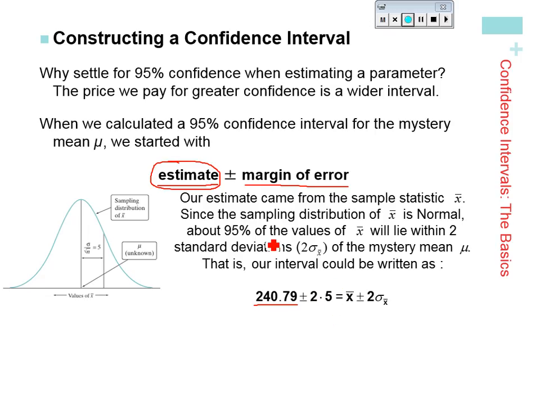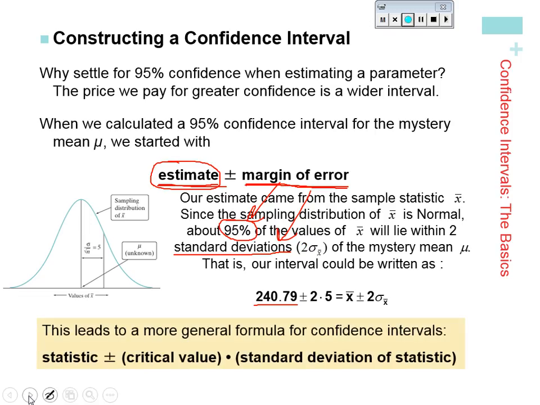One is the type of confidence interval we're going to compute, in other words, what the confidence level is, and then also what the standard deviation would be for the sampling distribution. So those are the two things that get factored into how the confidence interval is constructed. It's the estimate from the sample and then the margin of error. And the margin of error is essentially a function of the confidence level and the standard deviation from the sampling distribution.